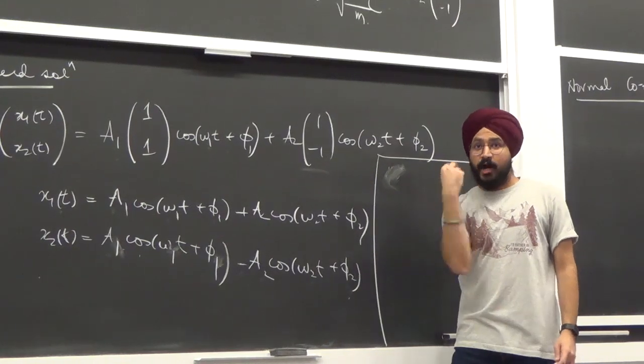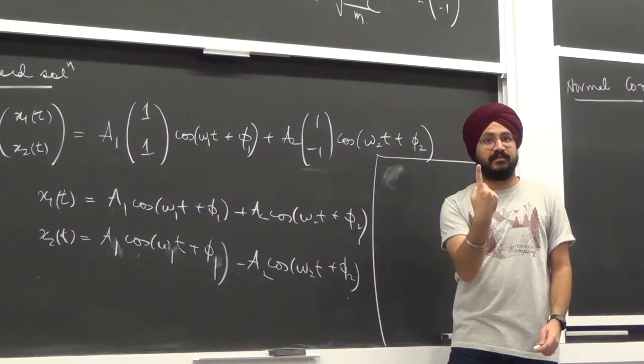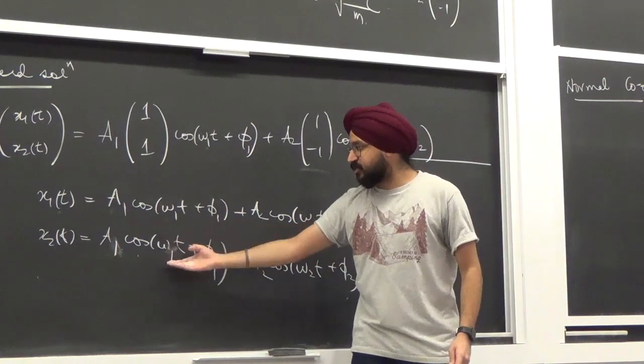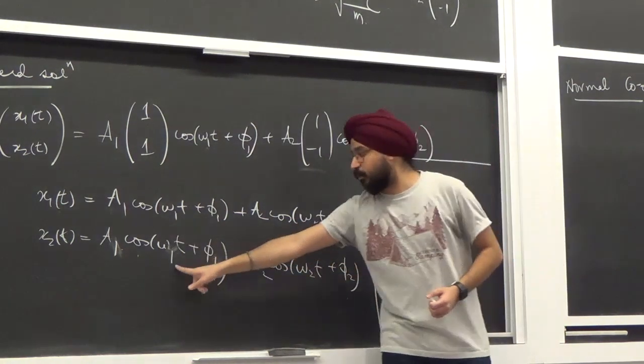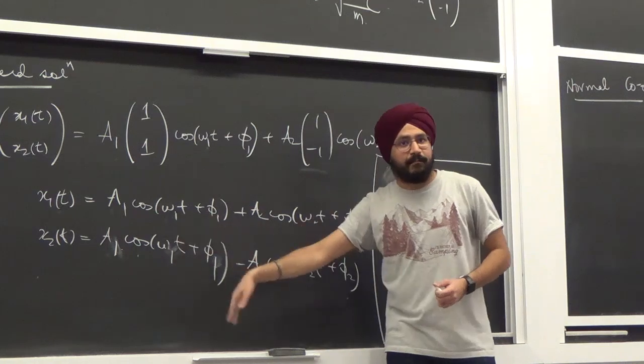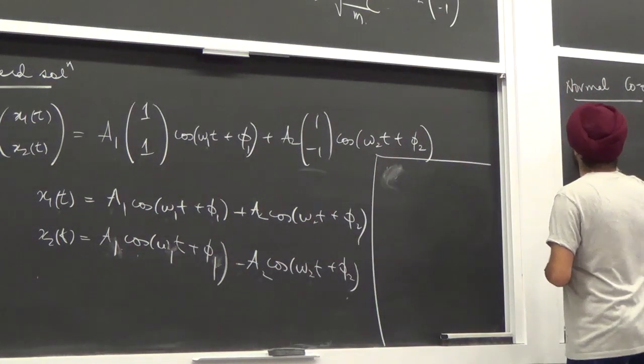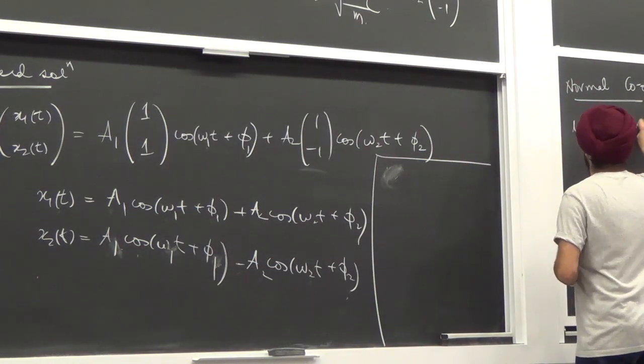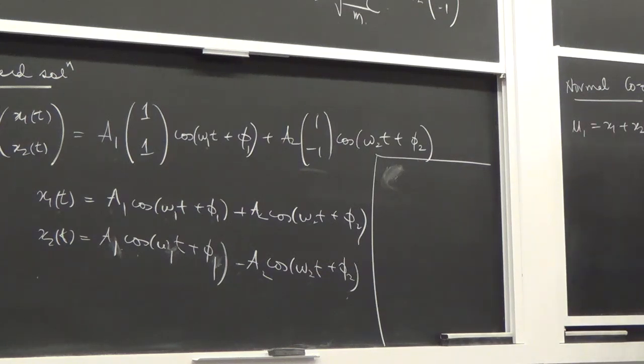Because you want a combination which only has a single frequency. What can I do to the equation to only survive the omega 1 terms? Add them. So u1 is x1 plus x2, and this oscillates at omega 1. You can normalize it if you want, doesn't really matter.